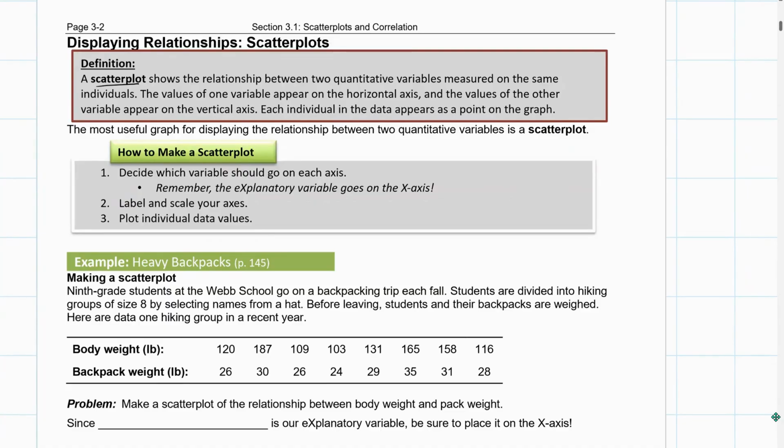The values of one variable appear on the horizontal axis, and the values of the other appear on the vertical axis. Each individual is a dot, a point on the graph. If we do have an explanatory response relationship, we will put the explanatory variable on the x-axis.